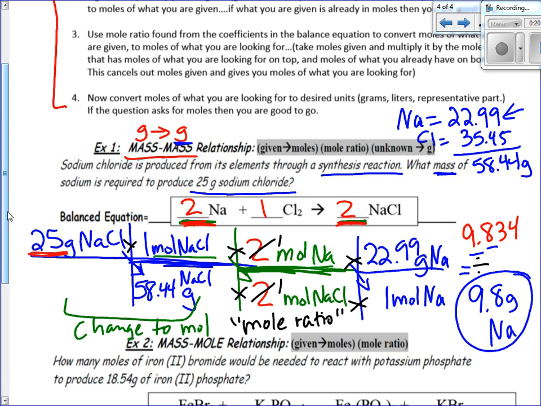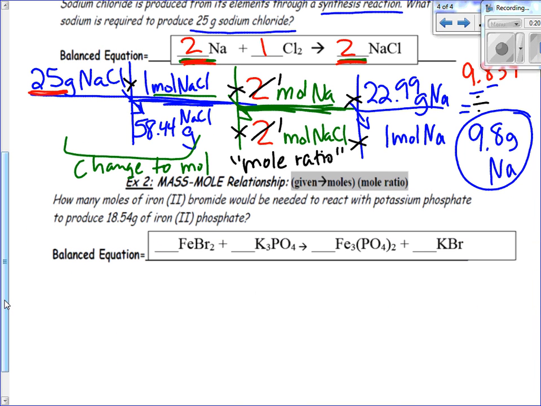Looking down here, and to speed things up so we're not spending too much time, I'm going to go ahead and balance it for you. Check me, did I balance it right? Does it look equal on both sides of all the atoms? Yes, good, okay. Now, iron 2 bromide, how many moles?